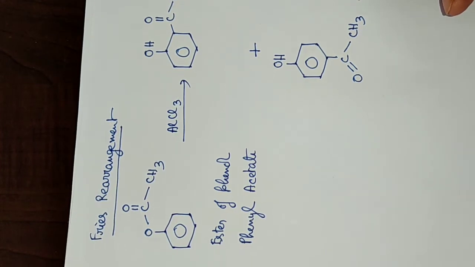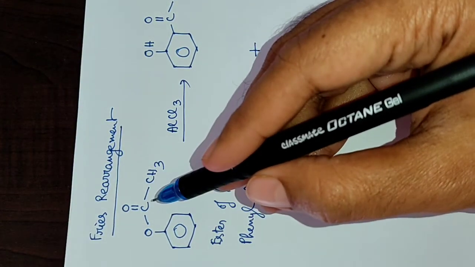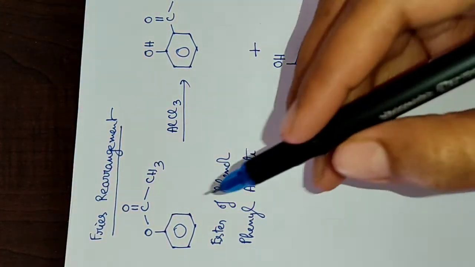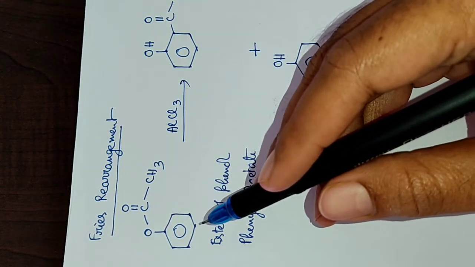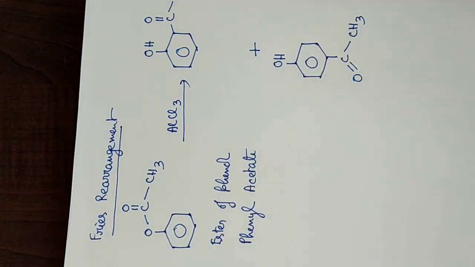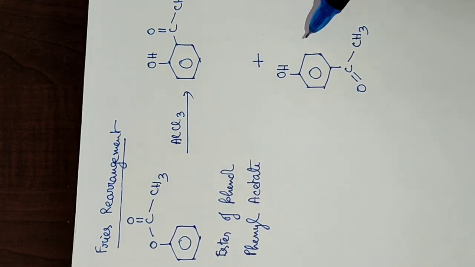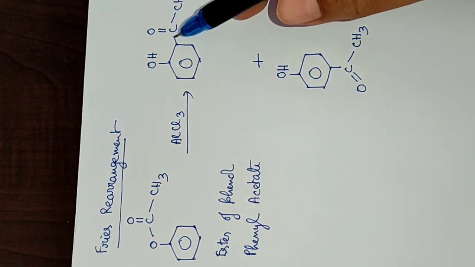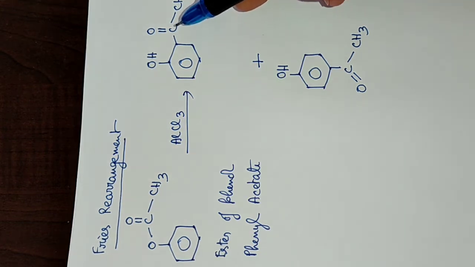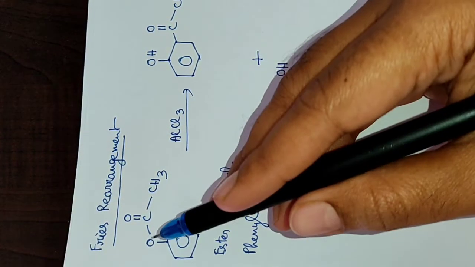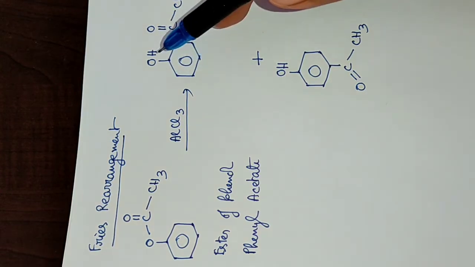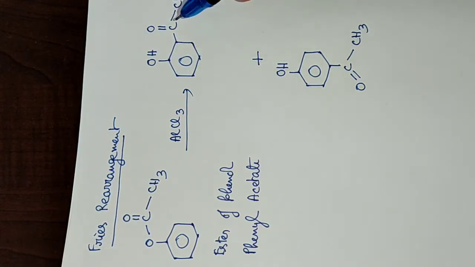In this rearrangement reaction, the acetyl group gets transferred to the ortho and para positions, and the electrophilic aromatic substitution that occurs releases H plus ions from the substituted site and it gets attached to the oxygen atom and gives a derivative of phenol.